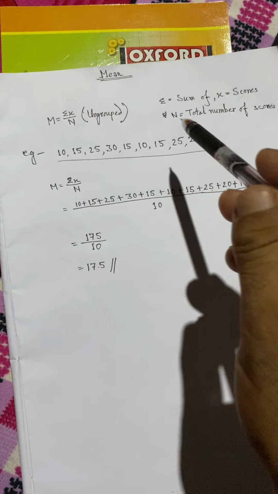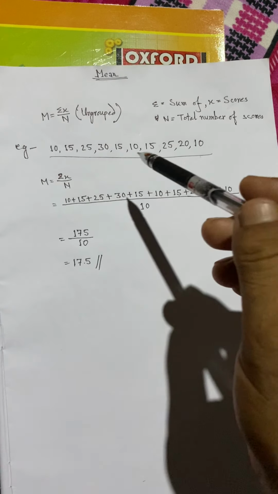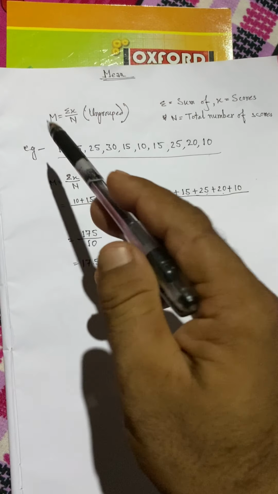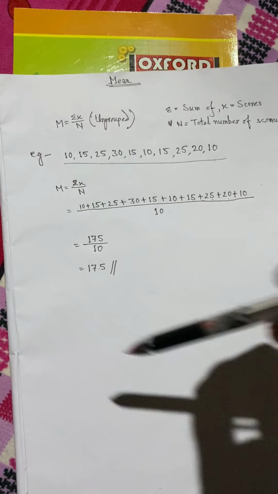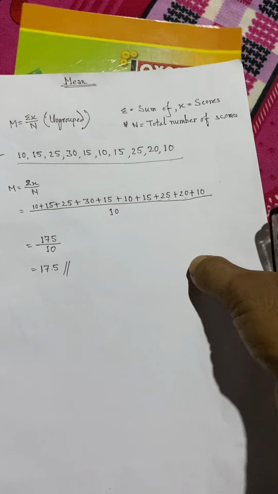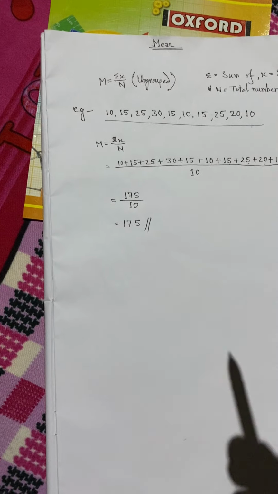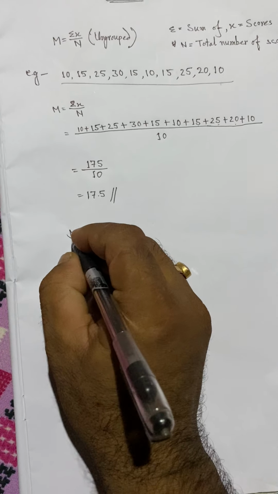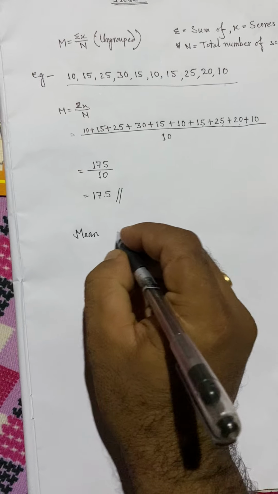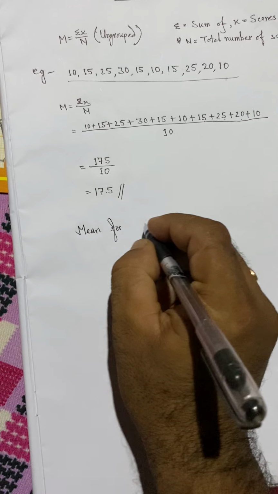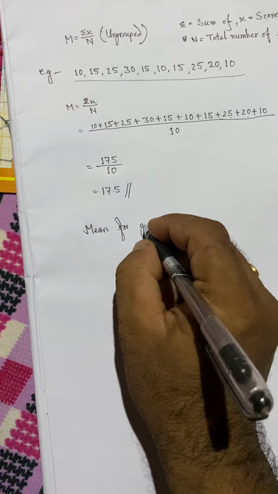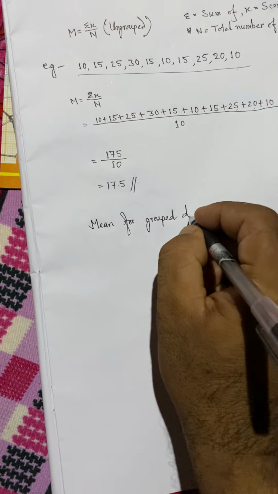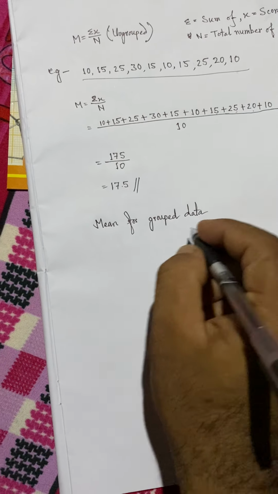So this is the ungrouped method. When you have a less number of observations, you have to calculate mean by following this formula. This is for ungrouped data. Now mean for grouped data.